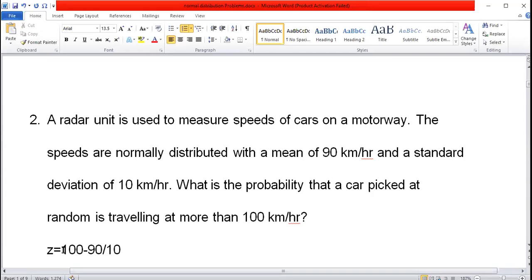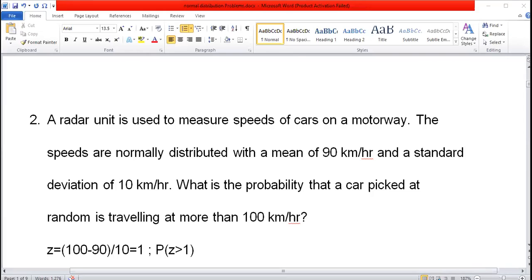You get 1. So basically what you are looking at is the probability that z is bigger than 1. Everybody with me here? Yes, Professor.